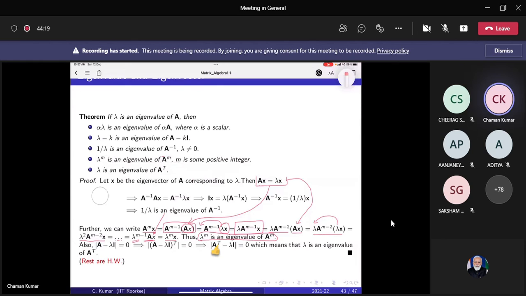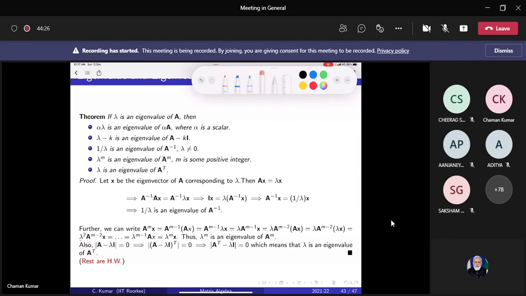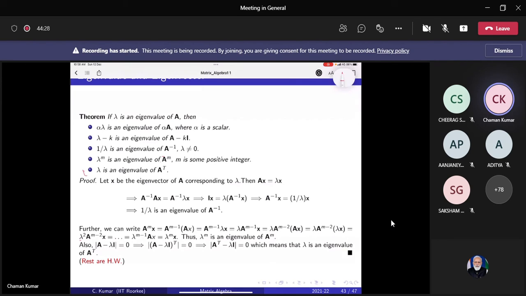Now, let us see the last part. Lambda is an eigenvalue of A transpose. So we start with the characteristic equation: determinant of A minus lambda I is equal to 0.